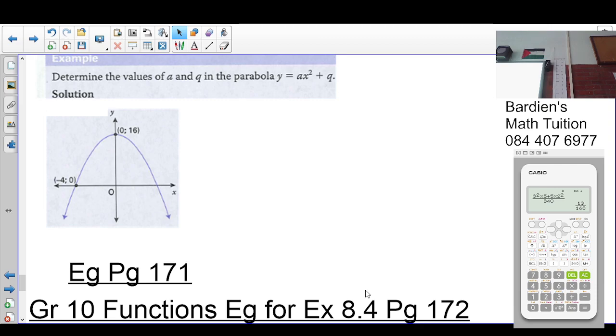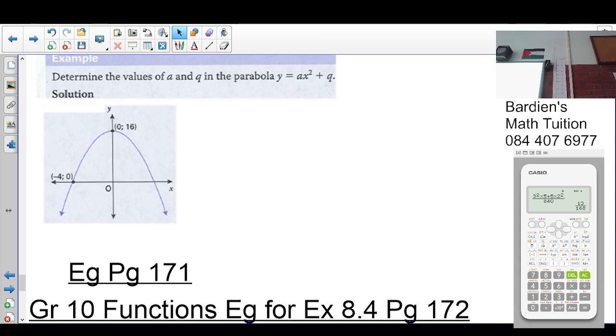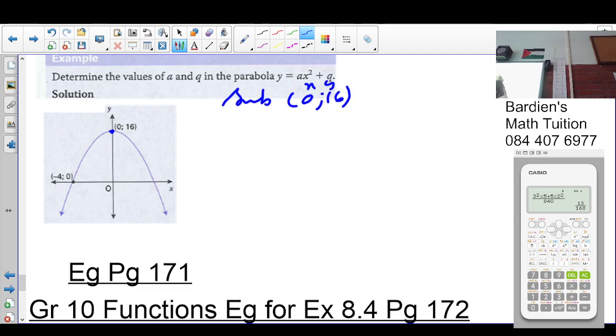So the question says, determine the value of a and q in the parabola y is equal to ax squared plus q. People, where do we start? We can substitute 0 and 16. That's an x and a y. So 16 is equal to a times 0 squared plus q.